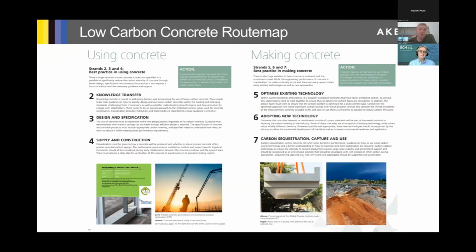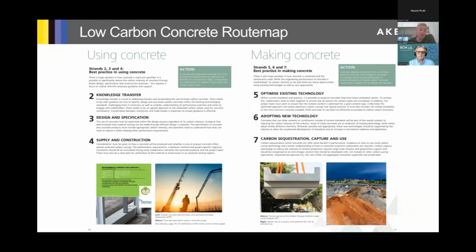So the low carbon concrete route map is broken into 2 parts, 7 strands. So using concrete and making concrete. So using concrete looks at knowledge transfer, how we share knowledge across the industry, how using standards can broaden knowledge, and how some of the tools are both available now but are also being developed.